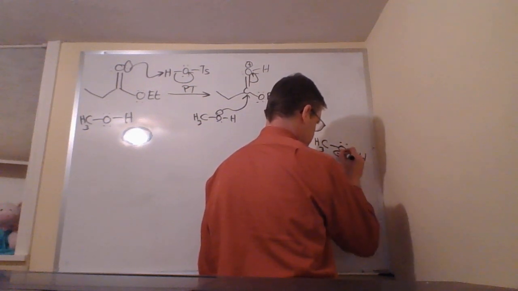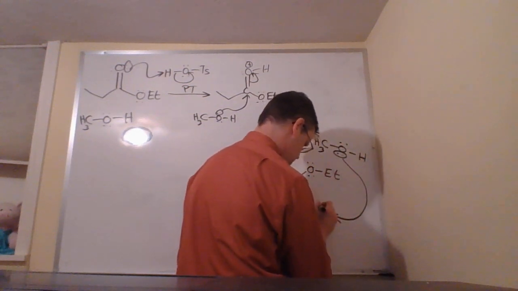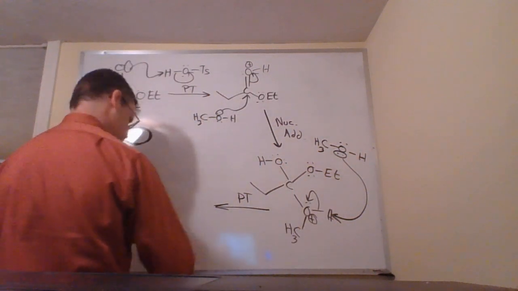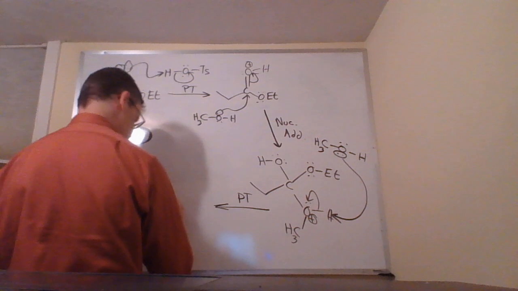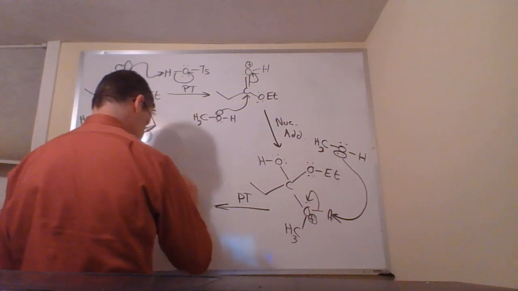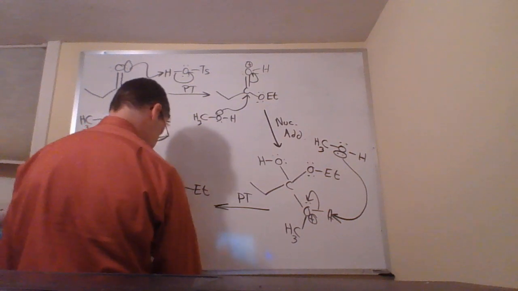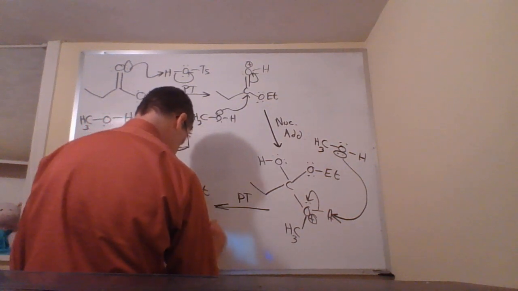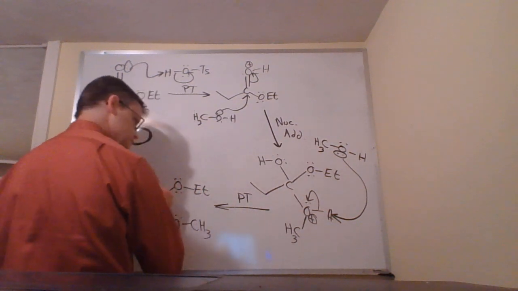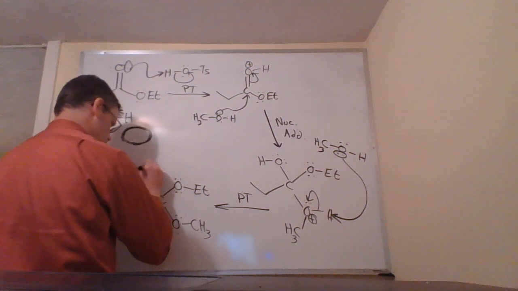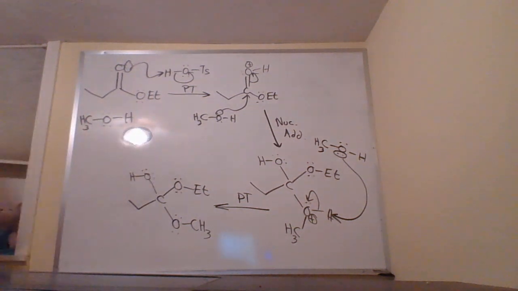It's going to come in, we're going to do a proton transfer like so, and that gets us to this intermediate. This is the halfway point of this reaction: proton transfer, nucleophilic addition, proton transfer.